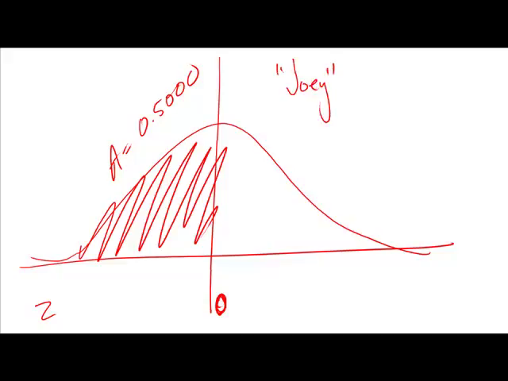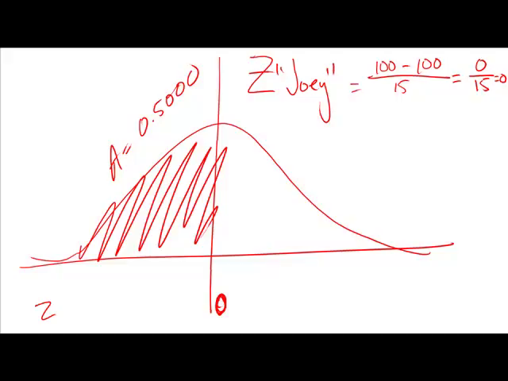Fake Joey takes the IQ test. Joey's personal score is 100. The average score is 100. Google lady tells me that the standard deviation is 15. Joey's z-score is 0 divided by 15, which is 0. I take that z-score, look it up in my table, and I know that 0.5, or 50% of the population, has an IQ score less than Joey.